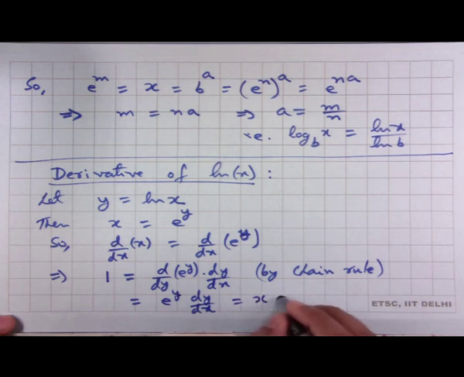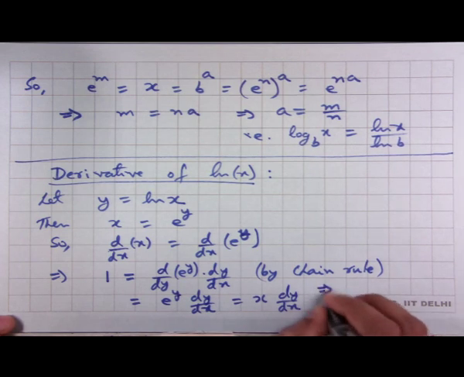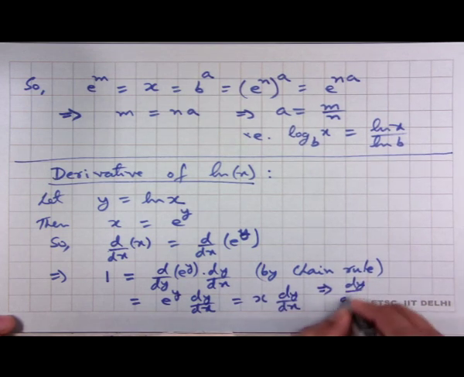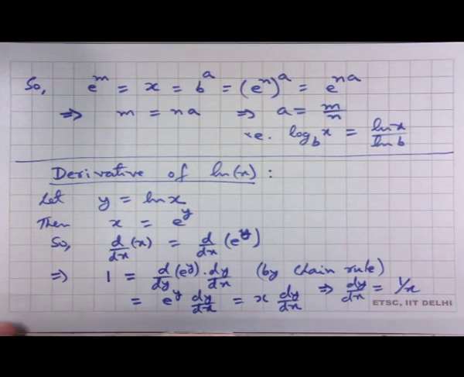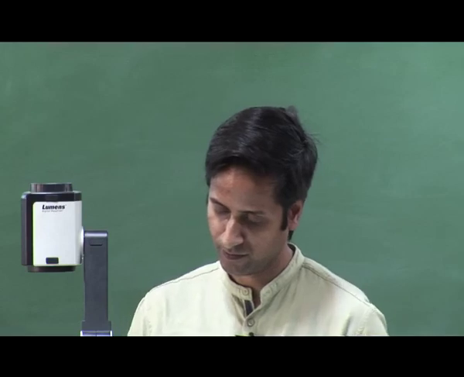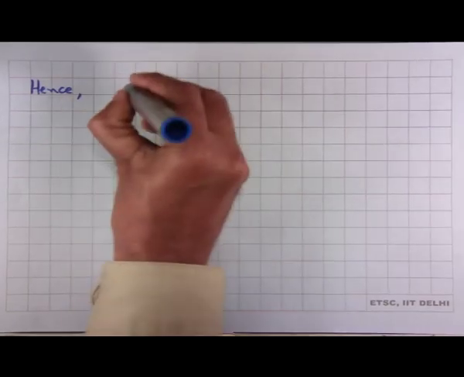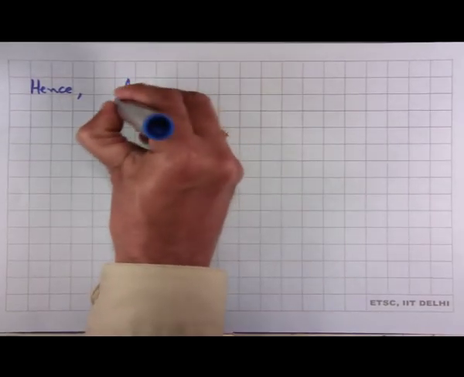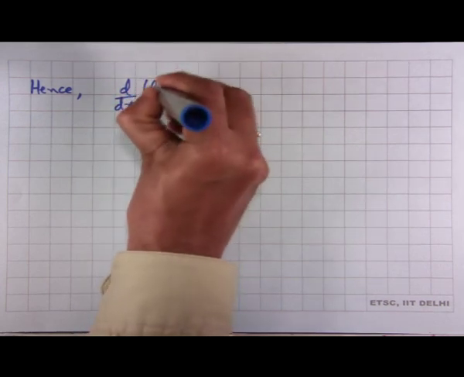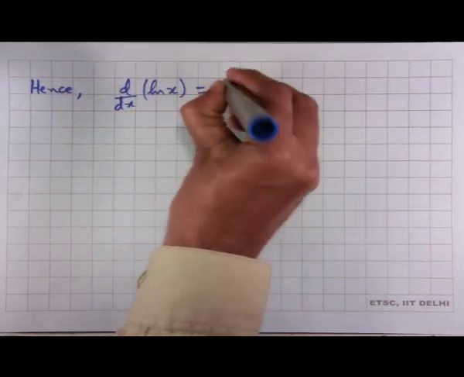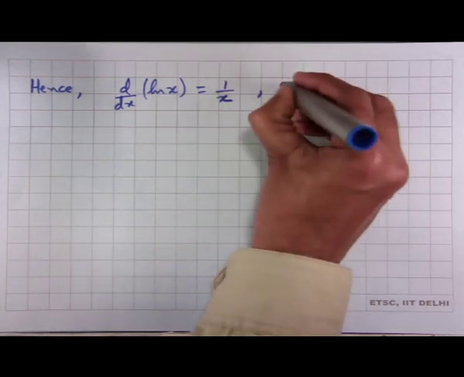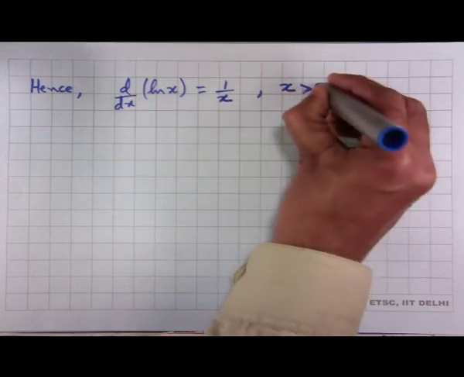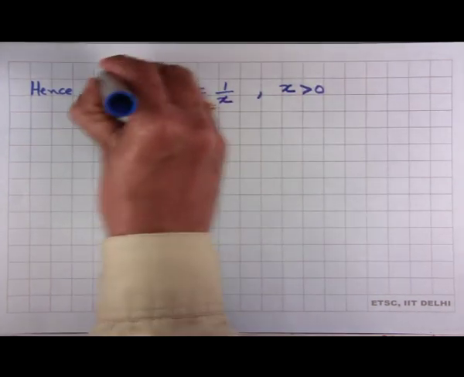So, this can be written as x times dy dx, and this implies dy dx is equal to 1 by x. So, what we have got is the derivative d by dx of the function natural log of x is equal to 1 by x, and because ln x is defined only for x positive, this formula is for all positive real number x.